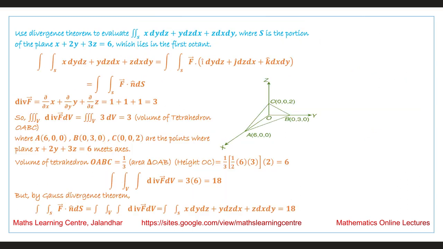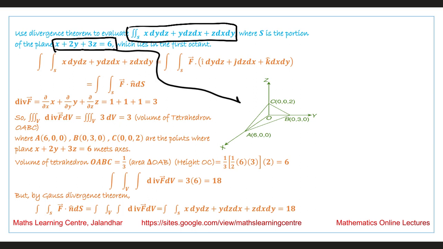Next is to use the divergence theorem to evaluate this integral, where S is the portion of the plane x plus 2y plus 3z is equal to 6. If we plot this plane, it will be of this shape. We will obtain the figure in this shape.